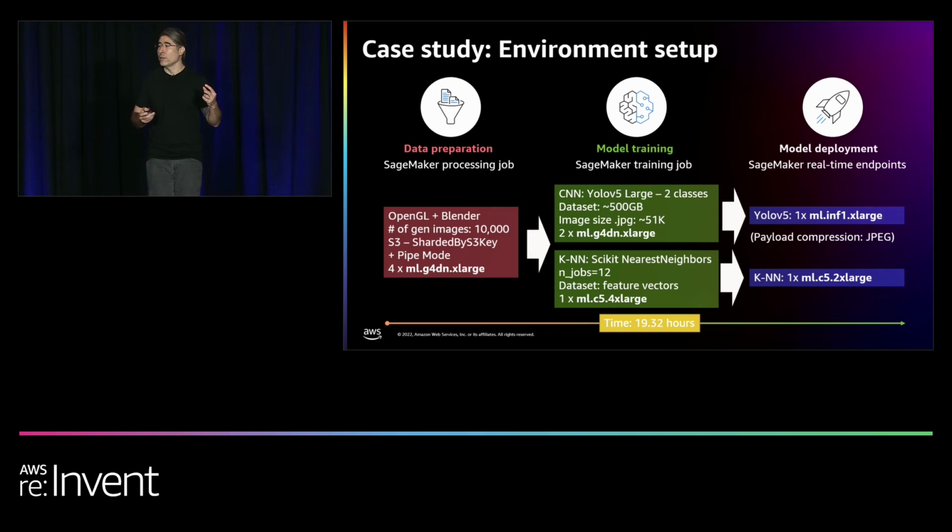Blender is an open source 3D modeler. So Blender reads these models, renders the parts at different angles with different backgrounds, and generates a synthetic data set. And then this data set is used to train the computer vision model, a YOLO v5 model.